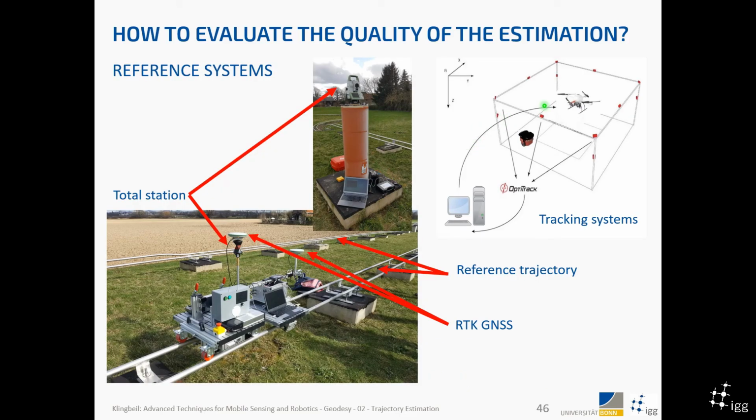Coming back to the reference system, I want to put some examples here. What is actually done? This is a tracking system which is usually used indoors for robotic applications.